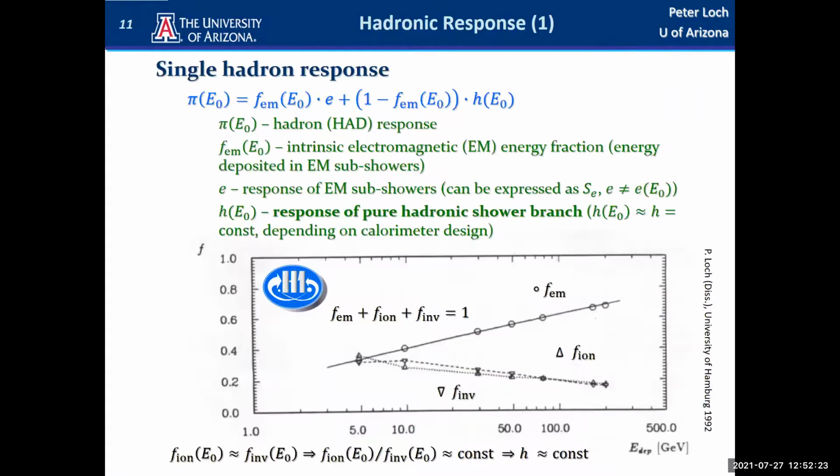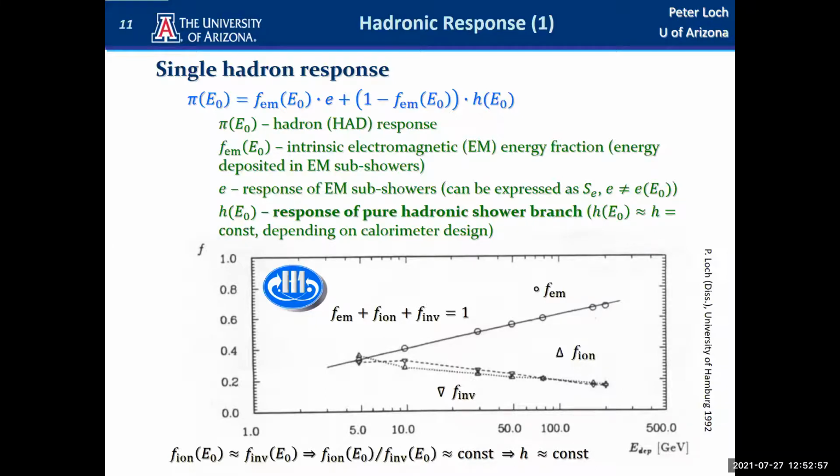So we can formalize this a little bit. If you call pi the signal of a pion, you have a fraction of this as an electromagnetic cascade. This fraction is FEM, which gives you an electromagnetic signal. And then you have the 1 minus FEM, which gives you the hadronic signal. Not very important for practical application, but when you design a detector, you should watch these numbers.